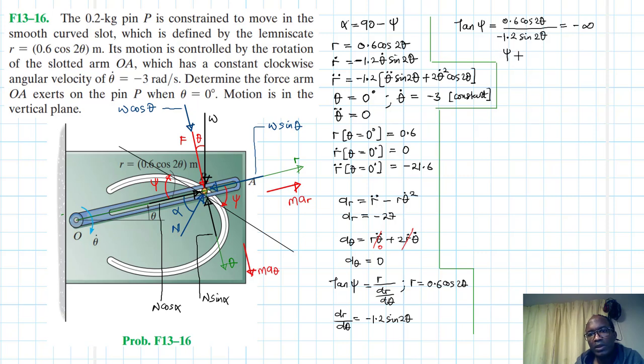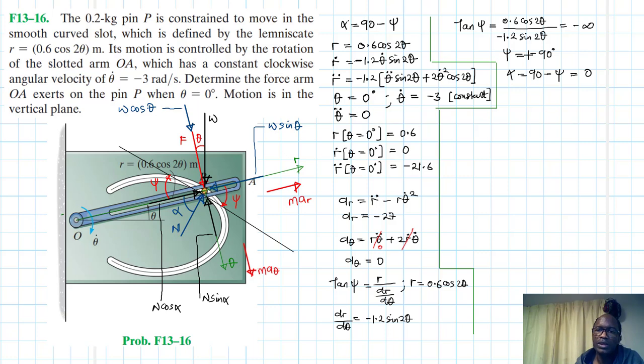And making psi the subject of the formula, this just gives us minus 90 degrees. This just simply means it's in the clockwise direction. So we have found psi, and our alpha therefore, which is equal to 90 minus psi, is just equal to 0.